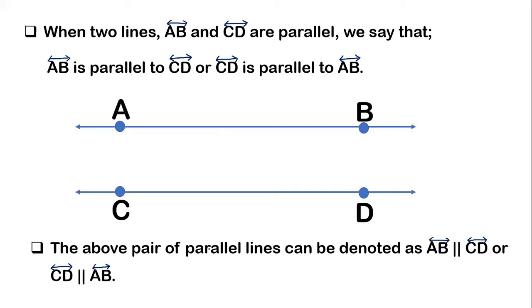I hope that is understood. So when you see these two lines, this one and this one, note that they mean parallel lines. So it means that AB is parallel to CD, or CD is parallel to AB. I hope that is very well understood.